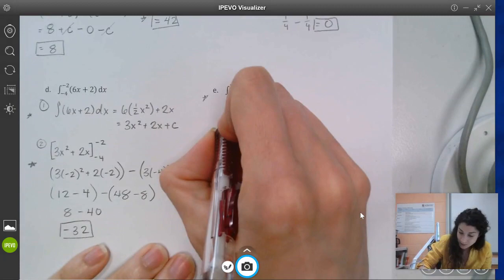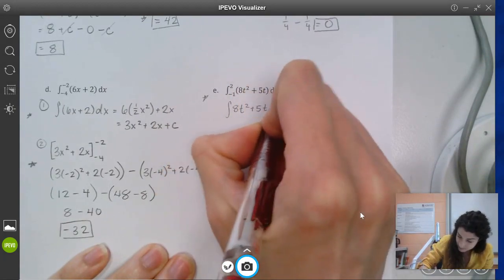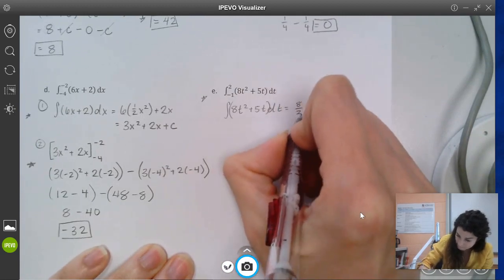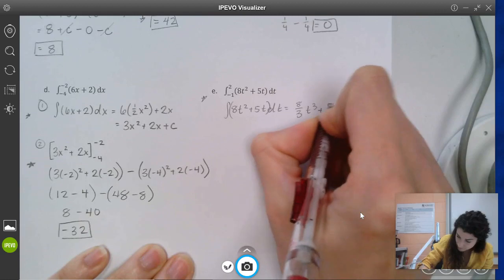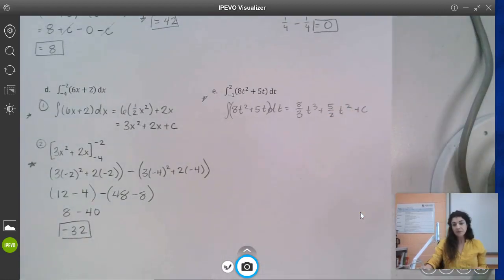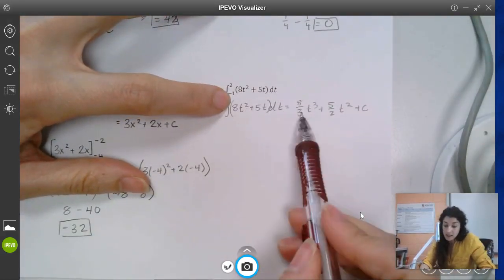First, we need to find the integral. Going up by 1 makes it cubed, and then divide by 3.